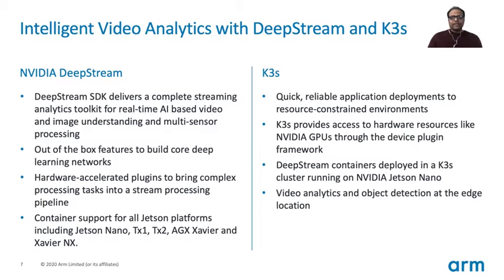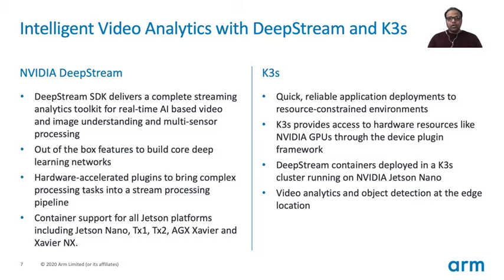As we know, K3s is an orchestration tool based on Kubernetes, and it's an upstream distribution. With K3s, we can achieve quick and reliable application deployments in resource-constrained environments, because K3s has been designed to work on edge and cloud devices as a whole.